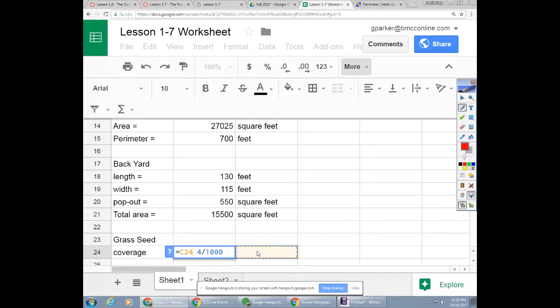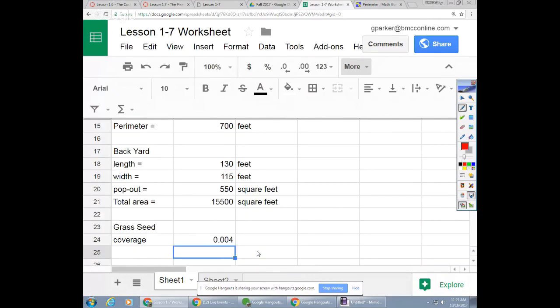Oh no, sorry. All right, back to work. Oops, I didn't want that to be in there. Enter, okay. And that is in pounds per square foot.